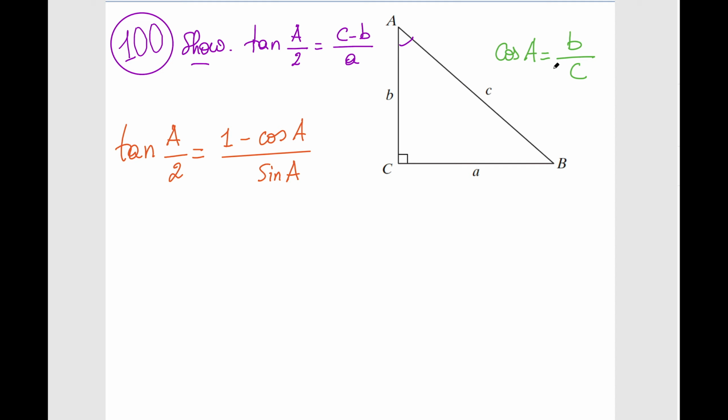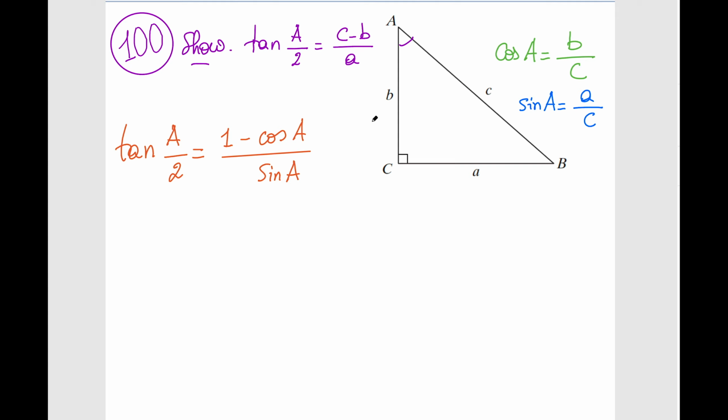So cosine of A is b over c. And how about the other entity, sine of A? Well, sine of an angle is the length of the opposite side, which is little a, divided by the hypotenuse, which is of length c. Okay?